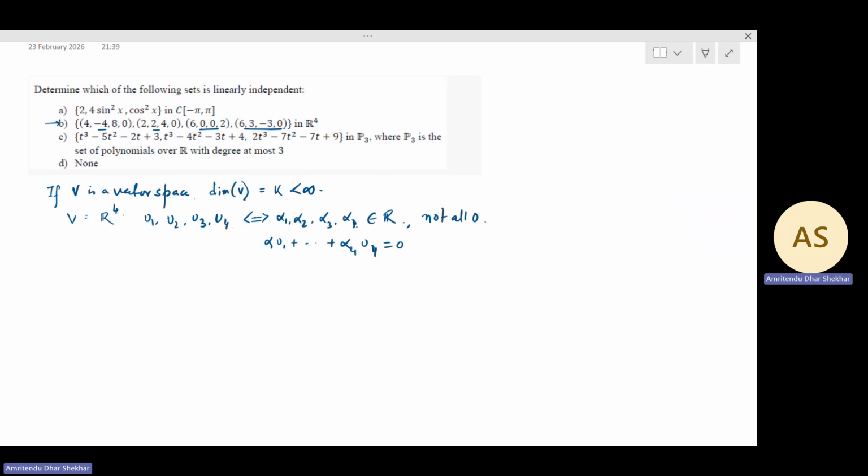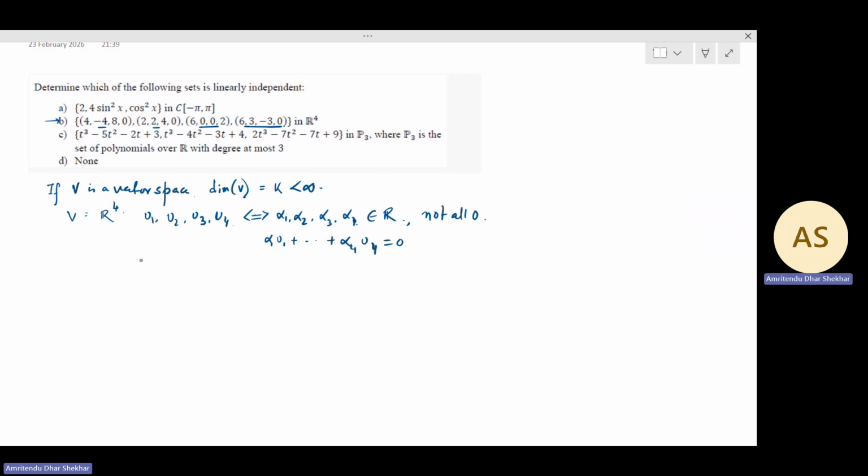So it follows that for the set V1, V2 up to V4 to not be independent, that implies the existence of these constants.